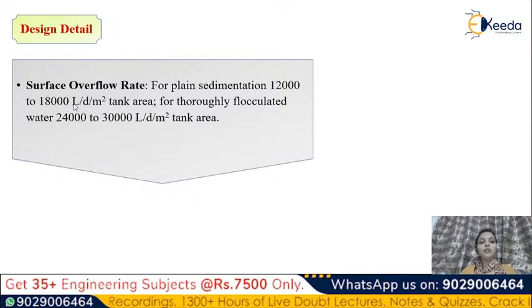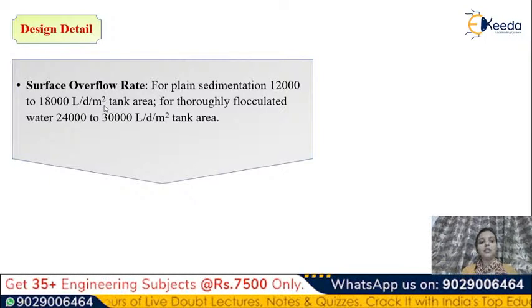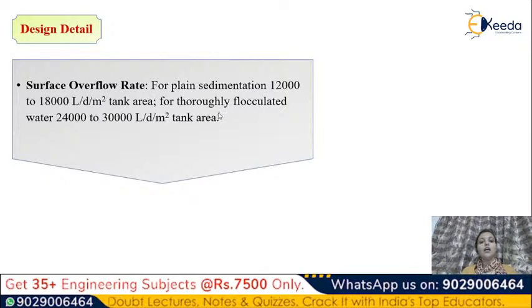That is nothing but the flow velocity of water, so it should be very high. Please remember this unit: liter per day per meter square of tank area. And for thoroughly flocculated water it should be increased, that is 24,000 to 30,000 liter per day per meter square of tank area.